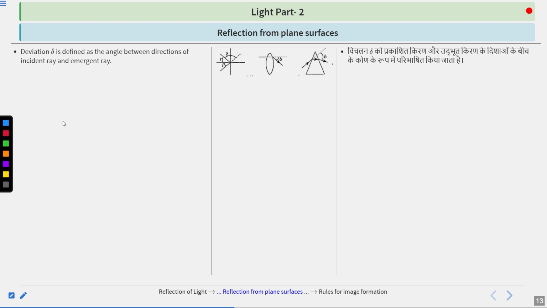Now, deviation, represented by delta, is defined as the angle between the directions of the incident ray and the emergent ray. So deviation is actually the angle between the directions of the incident ray and the emergent ray.